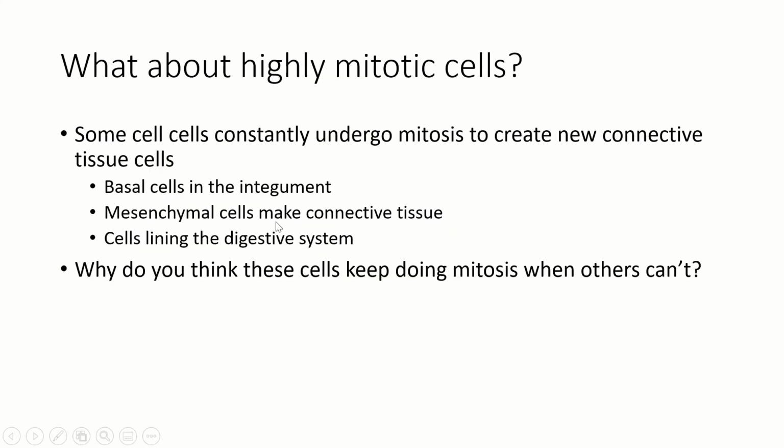All right. What about cells that are doing mitosis all the time and are supposed to? We talked about the basal cells in the integument, those cells at the bottom of the epidermis that are supposed to do mitosis so that they can replace the surface cells that die and get sloughed off.